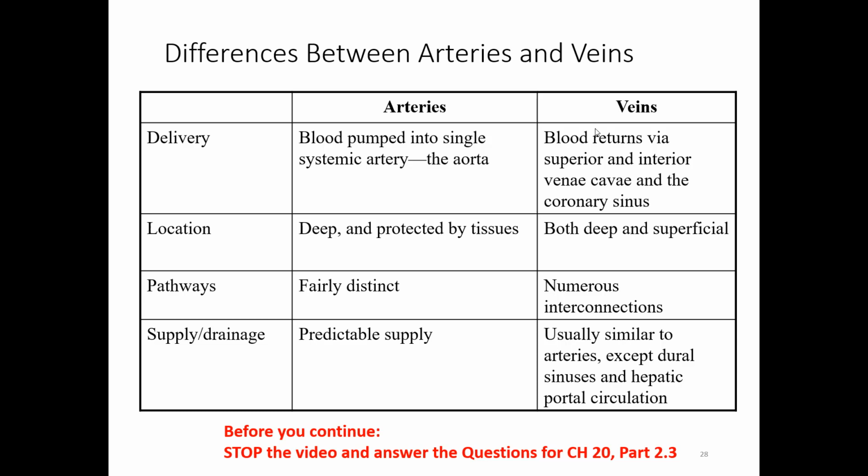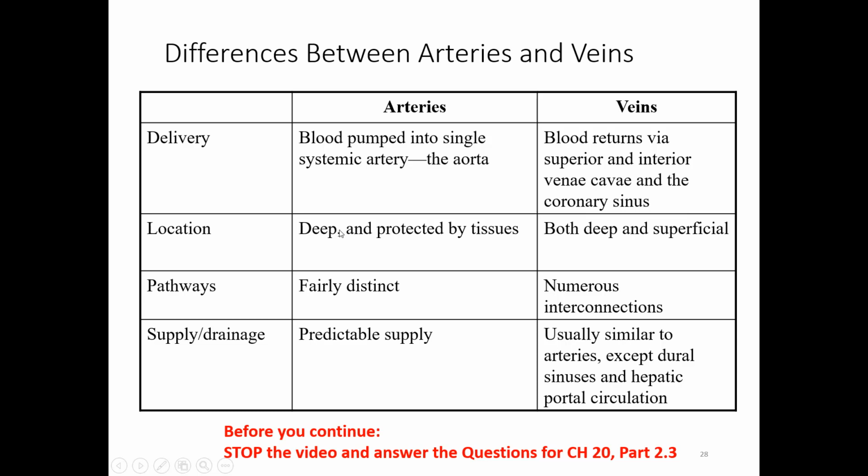A few more differences that you need to know about arteries and veins. Arteries: the heart pumps the blood into a single systemic artery, the aorta. Veins: blood returns via the superior vena cava, the inferior vena cava, and the coronary sinus, which collects the blood from the heart's tiny blood vessels providing the heart muscle itself, coronary circulation.